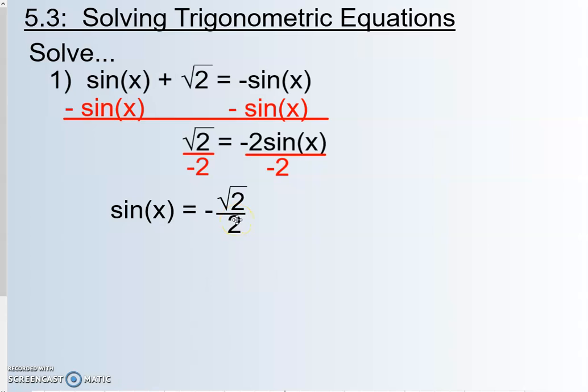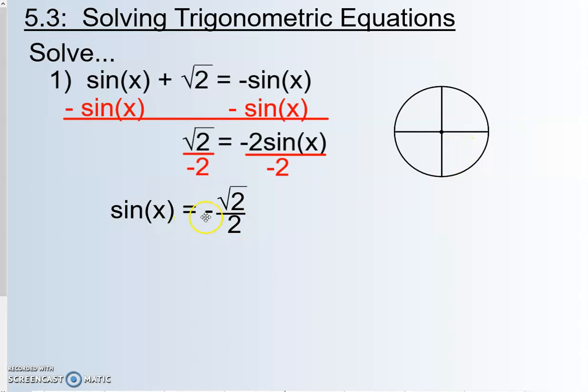And this is where we veer a little bit off of what we've done in algebra. Once you get your trig expression all by itself, just the trig expression, nothing in front of it, I'm going to go to the unit circle and I'm going to logic my way through this. I need the sine to be negative, and I know the sine is negative in quadrants 3 and 4.